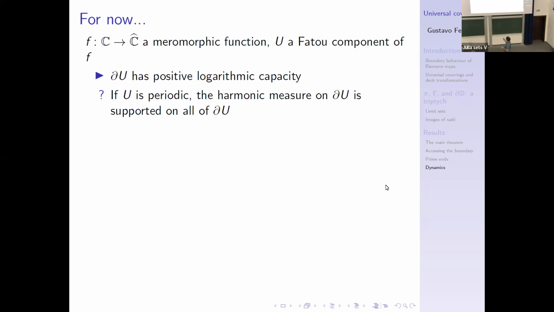And something that I think is true, but I thought of the proof yesterday on the bus to the airport at 3 a.m., so take this with a pinch of salt, is that because it has positive logarithmic capacity, it's going to have a harmonic measure. And what seems to be true is that this measure has to be supported on the whole boundary. Okay, so these are some cute little dynamical applications.